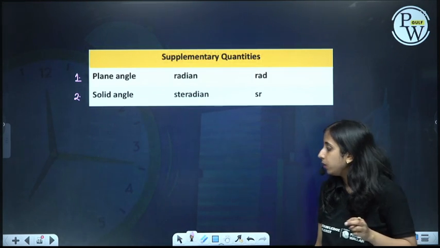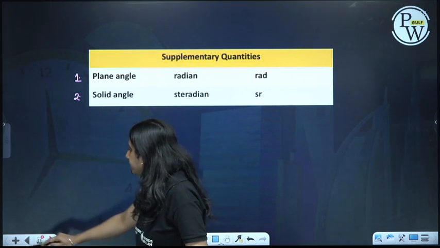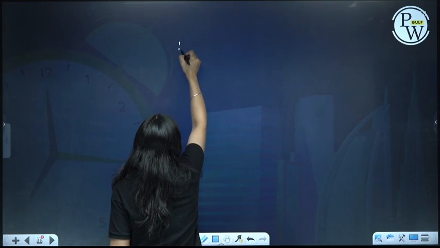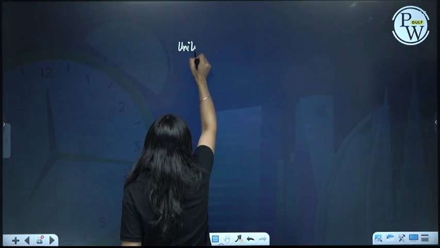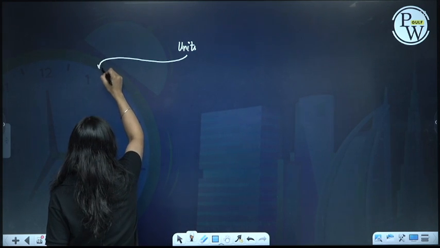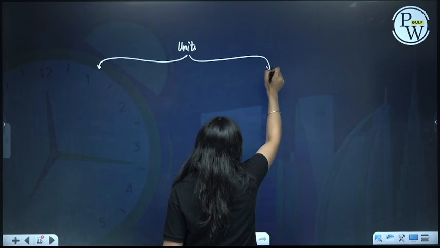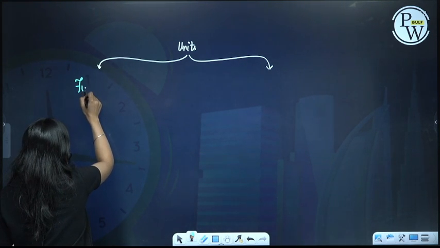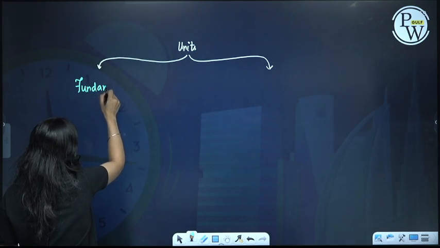Now just like we have fundamental quantities and derived quantities, similarly units are also divided into two categories: fundamental units and derived units.